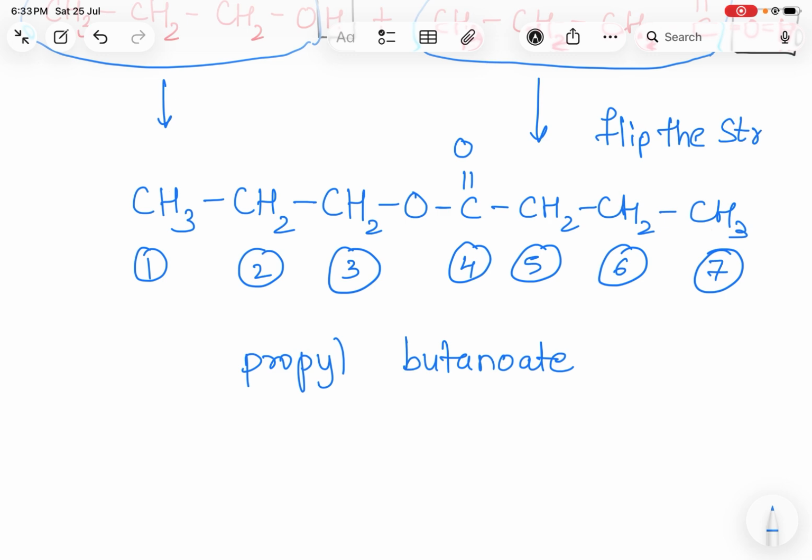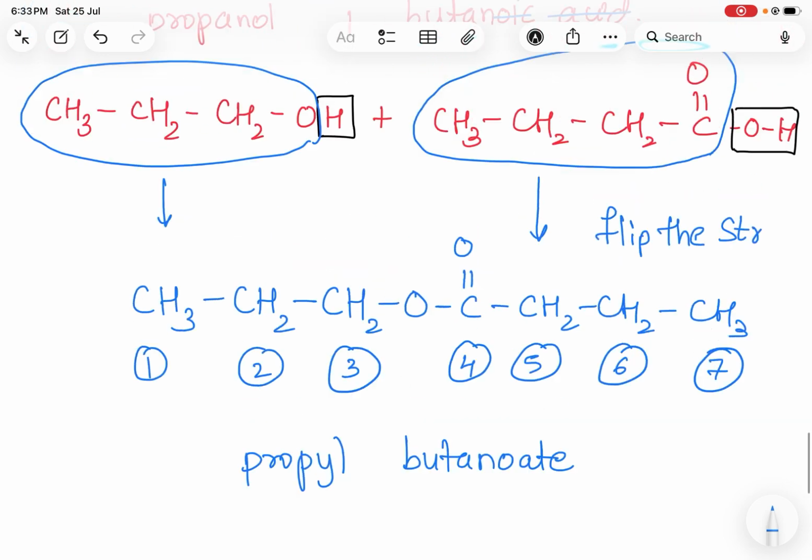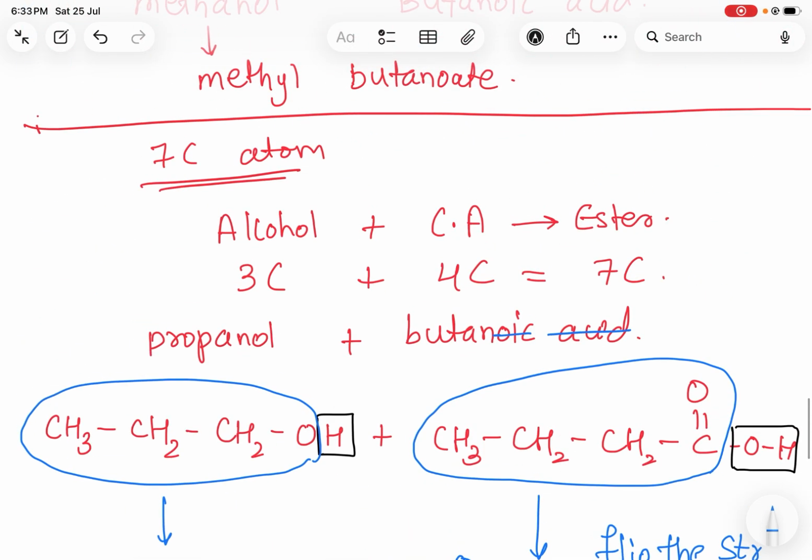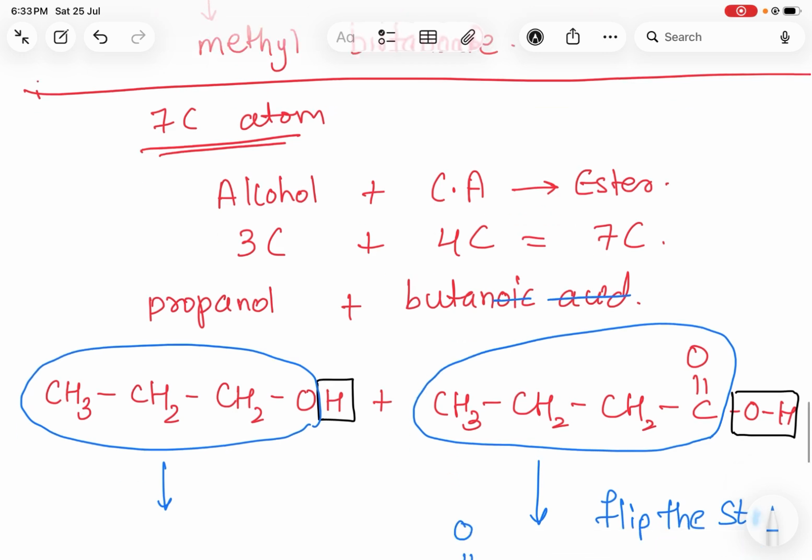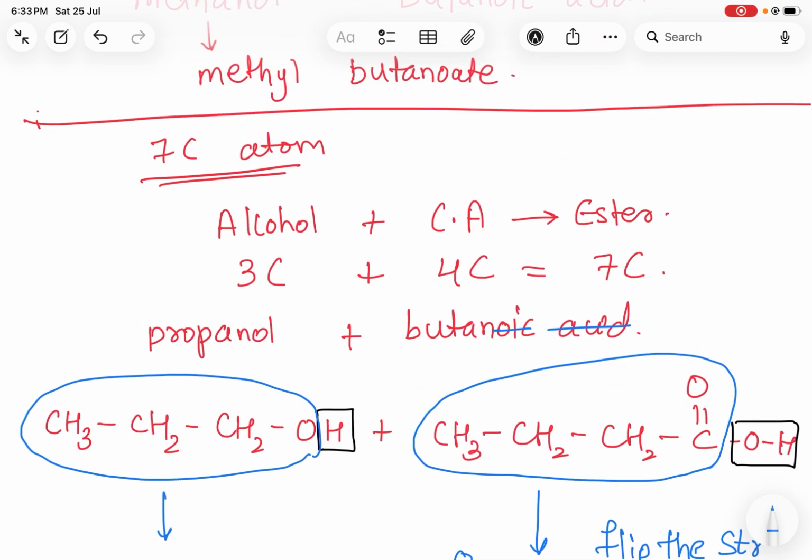Okay, yeah. Now, as I told you, for the seven carbon atoms, I have different combinations. One was 3 plus 4. Now in here I can just swap both carboxylic acid and alcohols. Instead of 3 carbon atoms, I can take a 4 carbon atom alcohol and 3 carbon atom carboxylic acid.